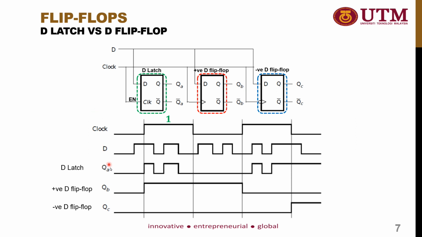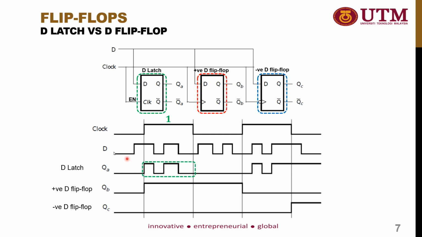So this is the output that comes from the D latch. You see here, if the input at the enable pin is 0, there are no changes on the output. And if the input at the enable pin is equal to 1, the output will follow the input.